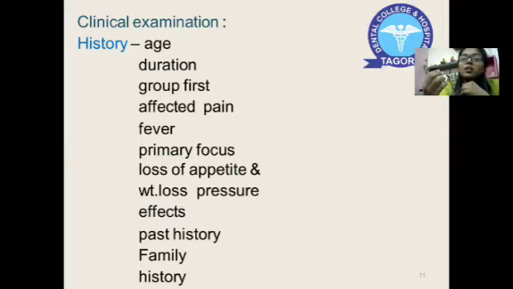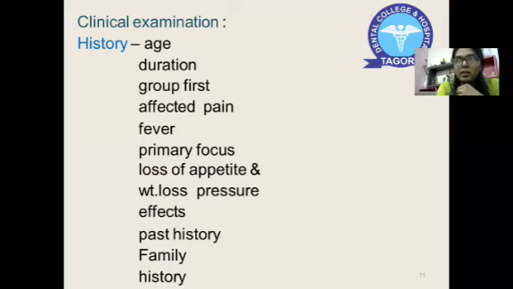And then asking for loss of appetite and weight. So in case of any malignancy or lymphadenopathies, the patient will have generalized weight loss and also some degree of loss of appetite. And then pressure effects.